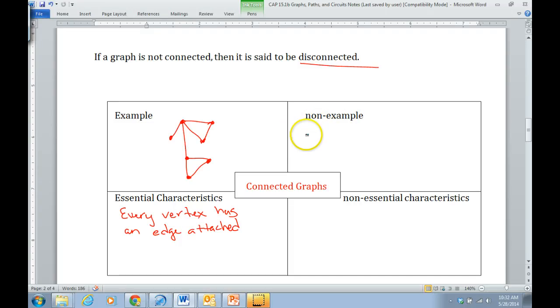So an example of that would be, say I have the same graph, but in this case, it's almost the same. Didn't quite draw it the same, but you know what I mean. Notice that there's a point sitting off by itself. That's disconnected. Or what if I did it this way? Those are both disconnected, right? Yeah. From each other? All right. So those are examples of disconnectedness.